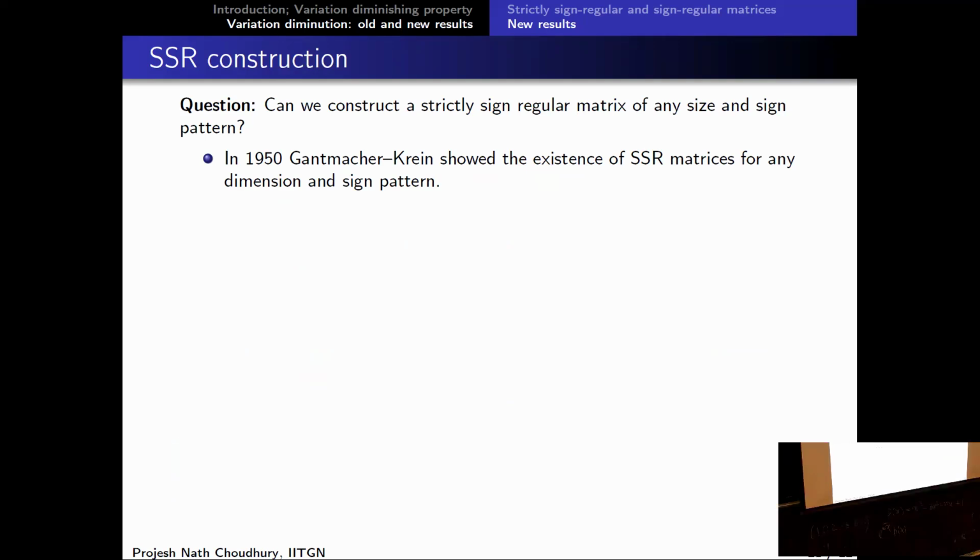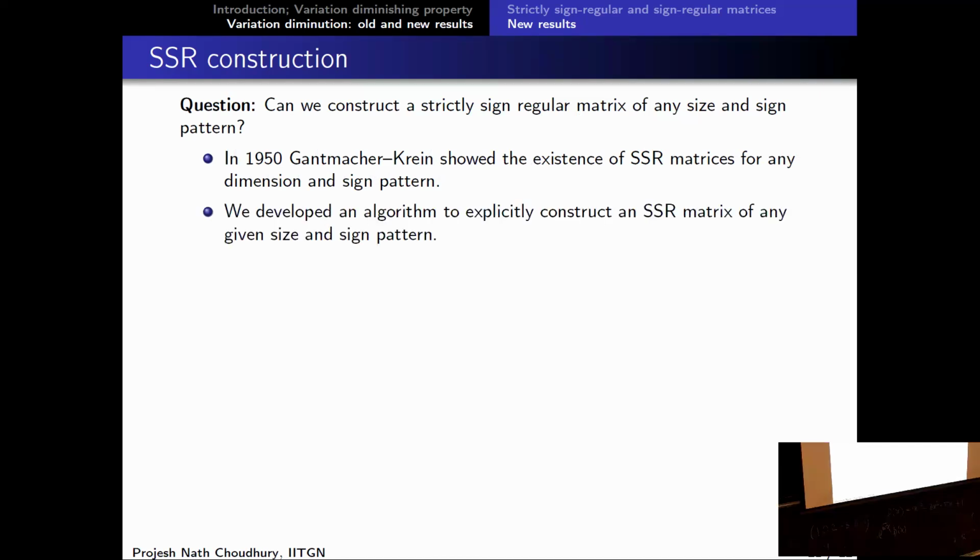Now the question is, can we construct explicitly signed regular matrices for any particular sign pattern or any given size? In our new work, we are able to answer this question. We have developed an algorithm to construct explicitly strictly sign regular matrices of any given size and sign pattern.